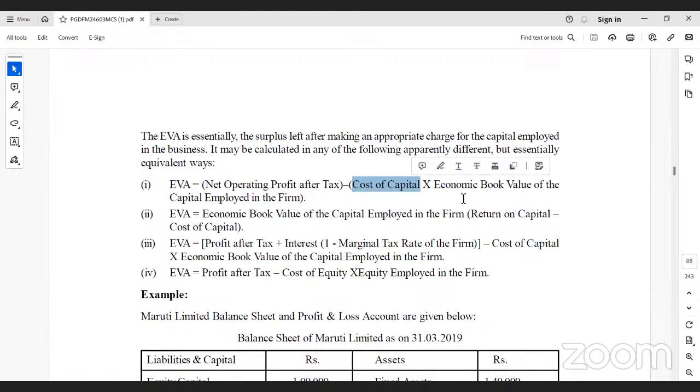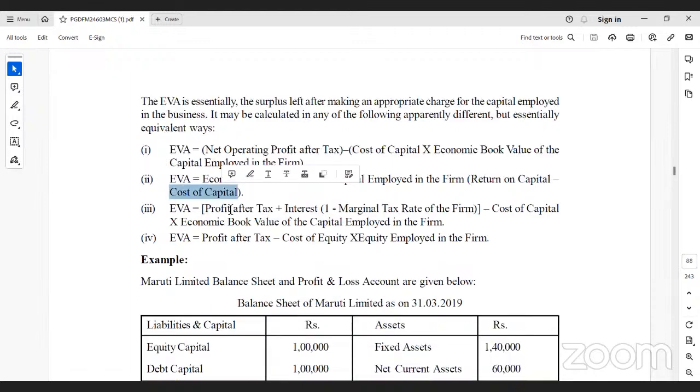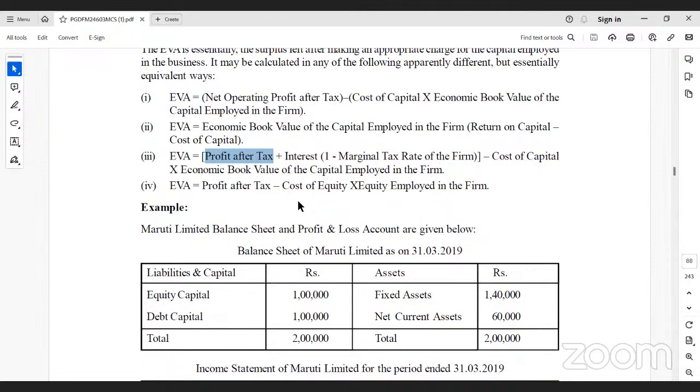Or else, it is the return on capital minus cost of capital, whatever return on capital and cost of capital we calculated. Or else we calculate profit after tax plus interest into 1 minus the marginal tax rate of the firm, minus cost of capital. These are the various formulas to calculate the economic value added approach.